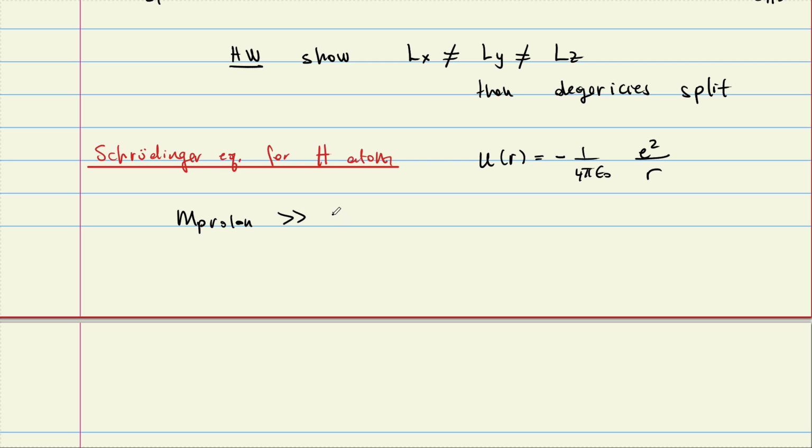So basically we are saying that the proton is much bigger than the electron. If you want, we can go from this proton and electron coordinate to center of mass coordinates, and because the proton mass is much bigger, maybe 2,000 times bigger than the electron, the center of mass will be almost on top of the proton.